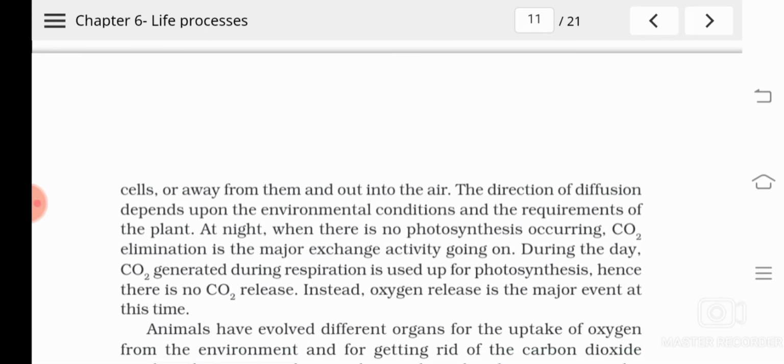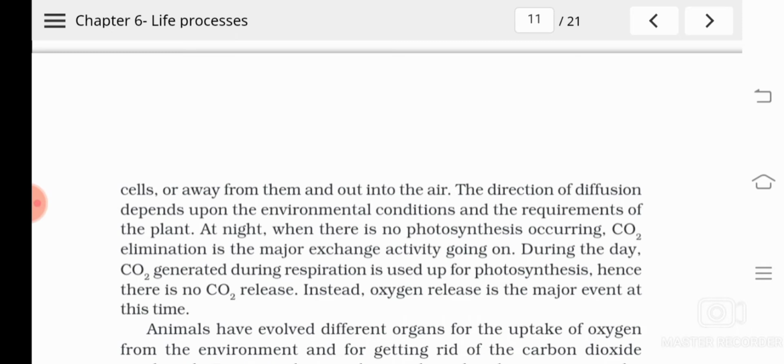Oxygen can enter into the cells, and from those cells it can diffuse to the adjacent cells. Carbon dioxide, which is produced in each cell, will diffuse into the nearby cells and go out of the plant through the stomata.